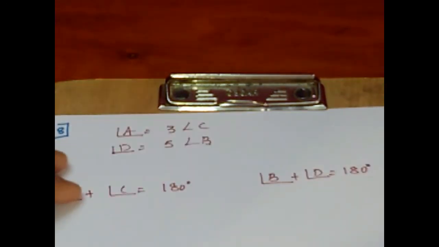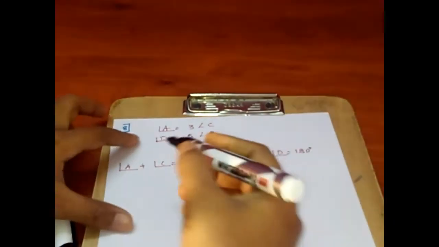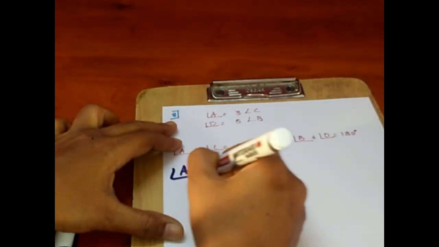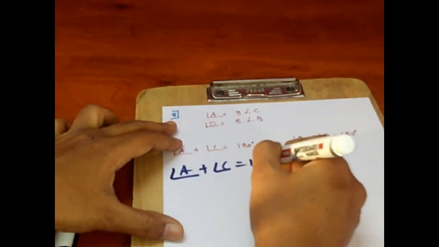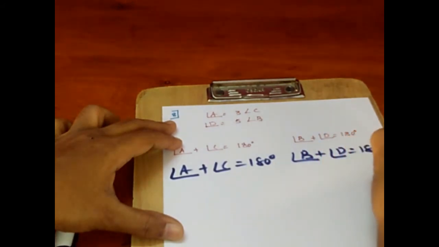So we know that in a cyclic quadrilateral ABCD, opposite angles are supplementary. So the first point, I can say that angle A plus angle C is equal to 180 degrees. And the second point is angle B plus angle D is equal to 180 degrees.